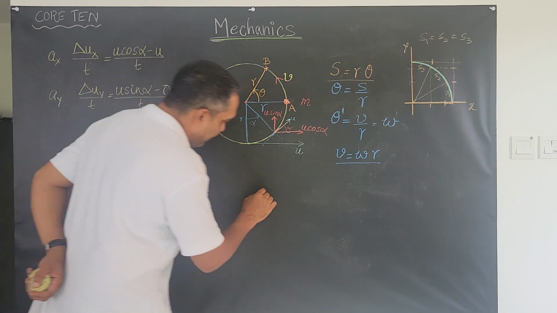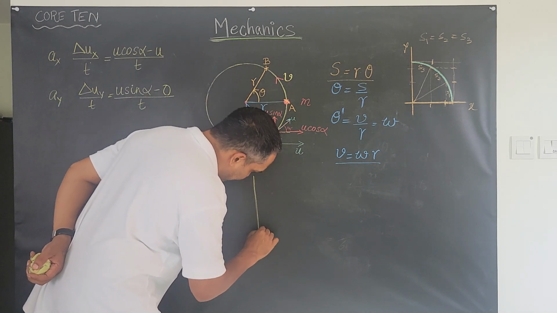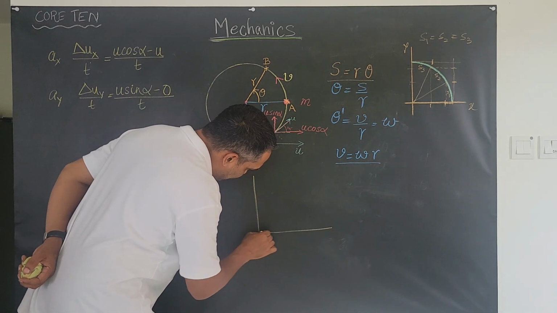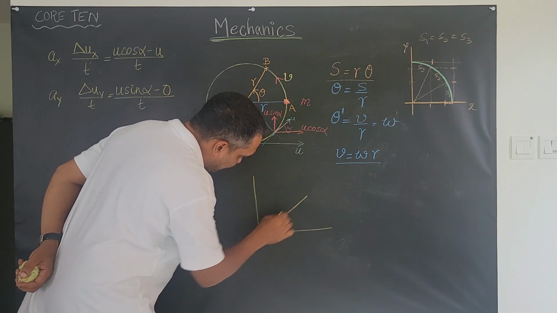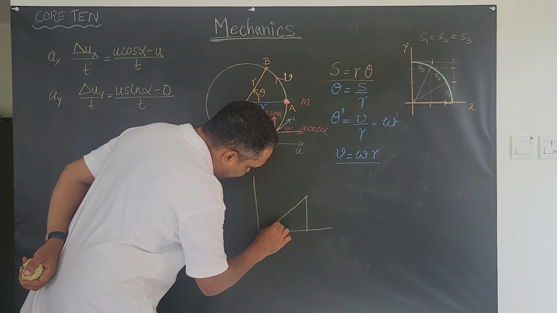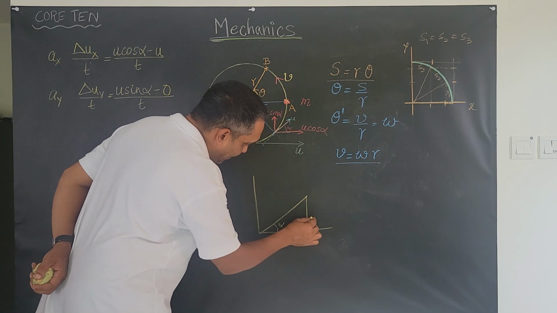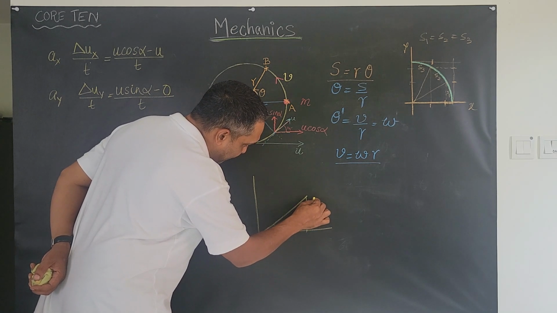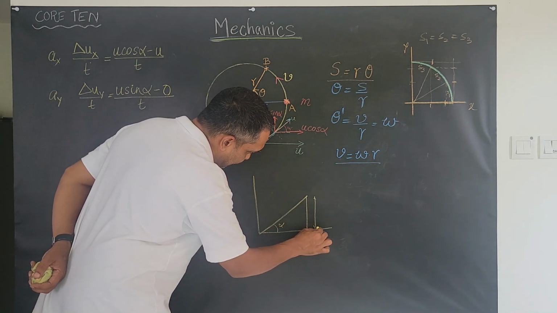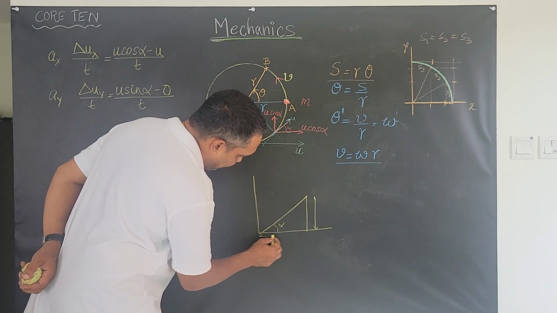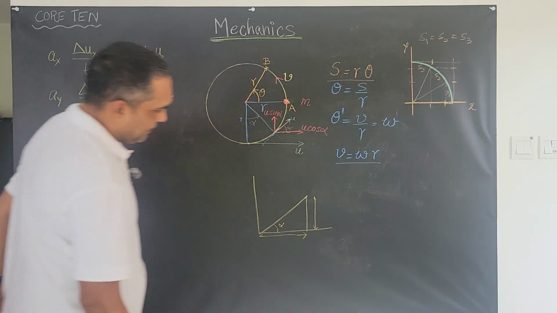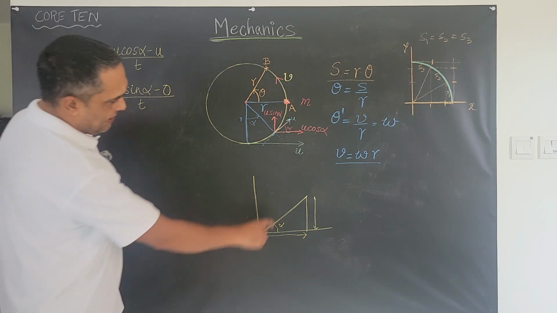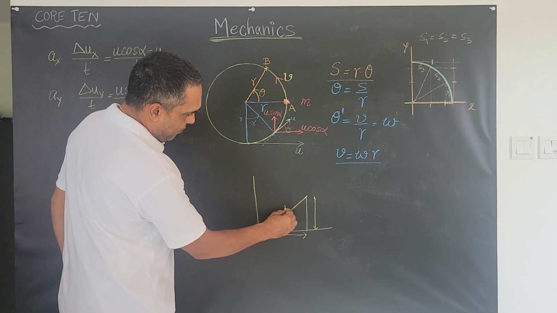Maybe come back here. So if I do this and define alpha, this is the sine component, and this is the cosine component, assuming you have an R here.